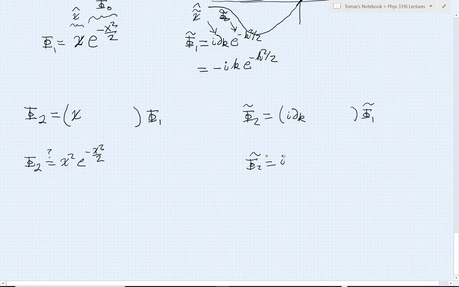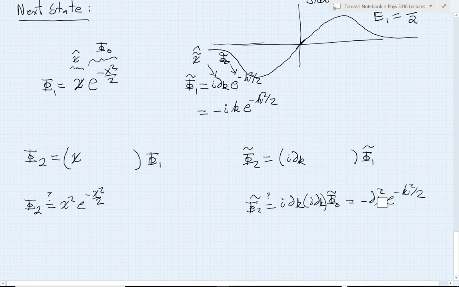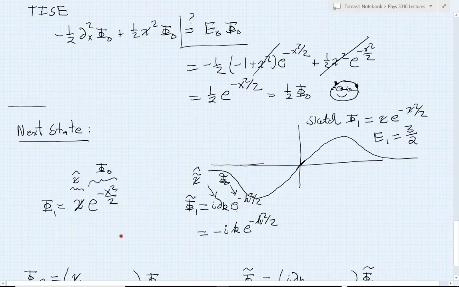But if I were going with this guess construction, phi tilde 1, remember, was just I d by dk on phi tilde 0. That's how we got it in the first place. And by the time I apply this operator twice, it'll be minus 2 derivatives of my Gaussian. And we've already computed what 2 derivatives of our Gaussian looks like. We happened to compute it with x's, but it was exactly the same Gaussian.